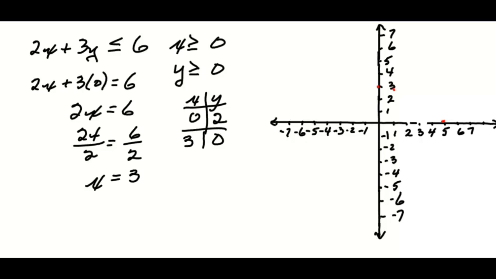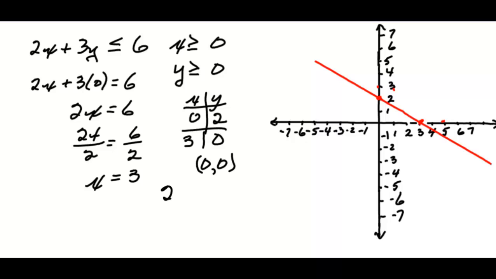Now, because it says less than or equal to, we have to use a solid line for this one. In that solid line, x is 0, y happens to be 2, so that's this point here. And when y is 0, x is 3, that's this point here. And now we're going to draw a solid line there. And we need to ask ourselves, how about the 0, 0 point?